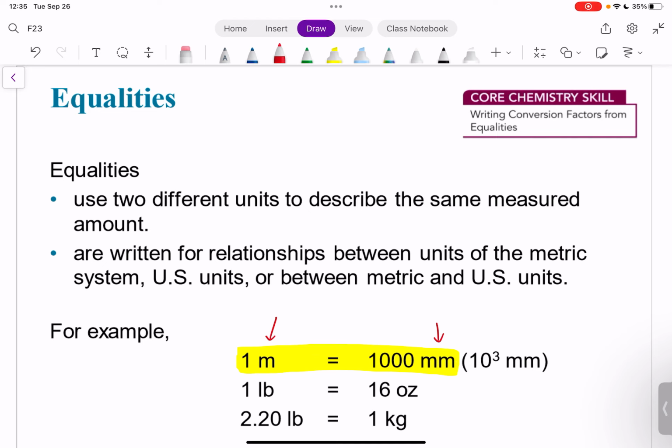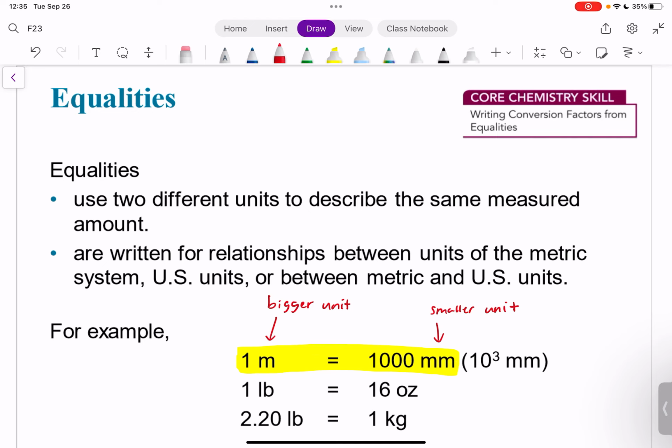Meters is the bigger unit, and millimeters is the smaller unit. So what I usually like to do is say, in one of my big units, how many small units do I have?